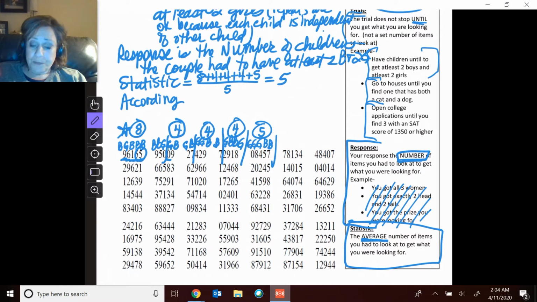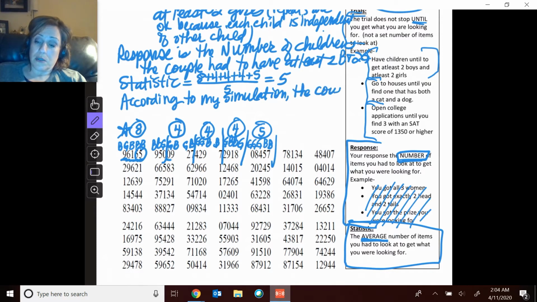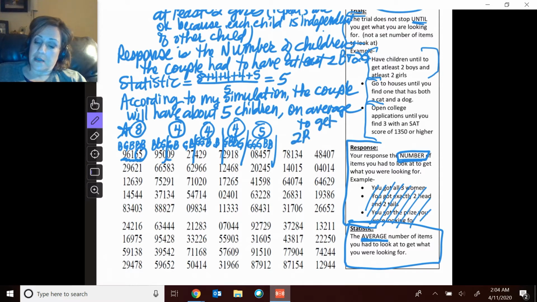So on average, according to my simulation, the couple will have about, according to your simulation, about, what does this show? About 5 children on average to get 2 boys and 2 girls, at least 2 boys and 2 girls.